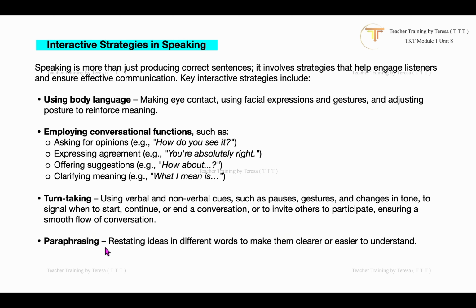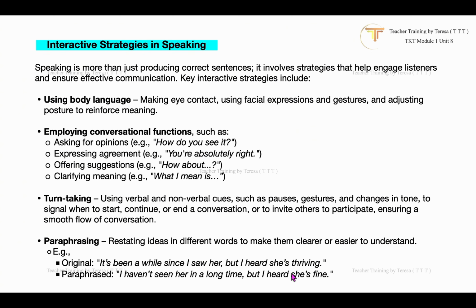Paraphrasing, restating ideas in different words, to make them clearer or easier to understand. For example, original, it's been a while since I saw her, but I heard she's thriving. Paraphrased, I haven't seen her in a long time, but I heard she's fine.